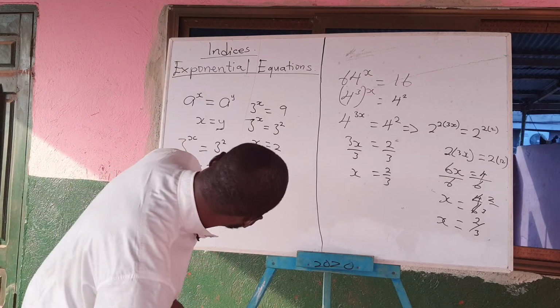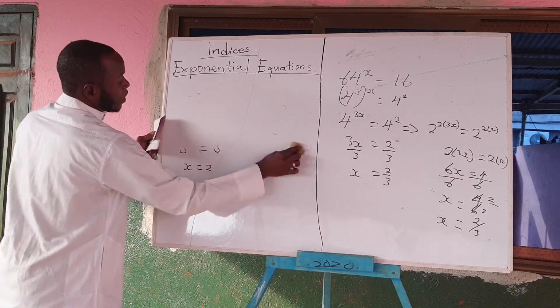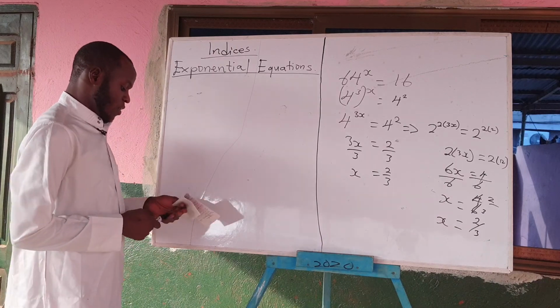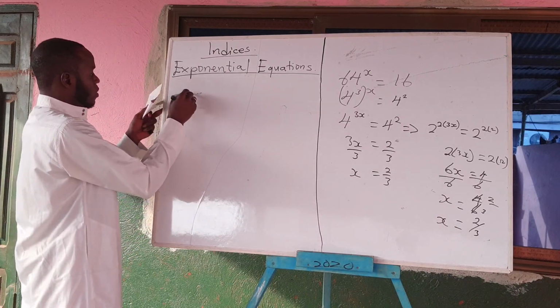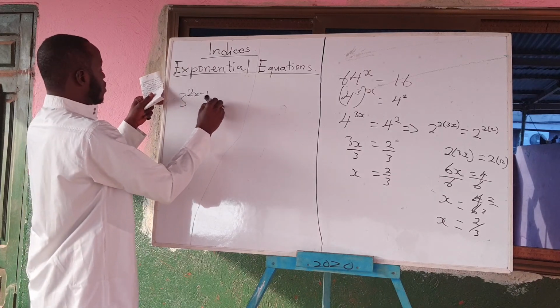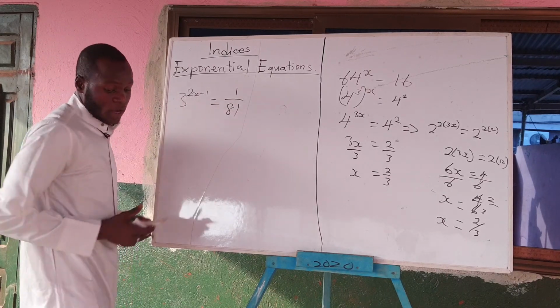Now let's take one more example on this topic. We have 3 to the power 2x minus 1 equating to 1 over 81.